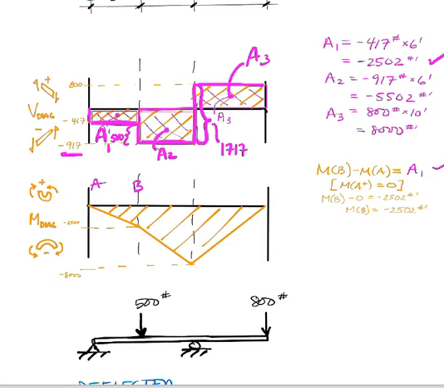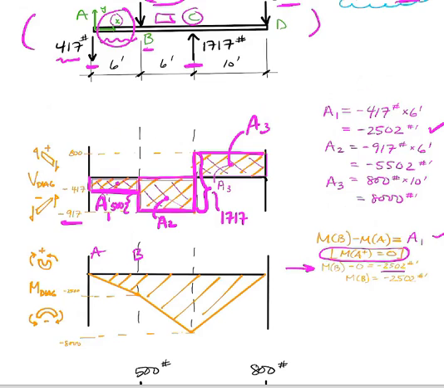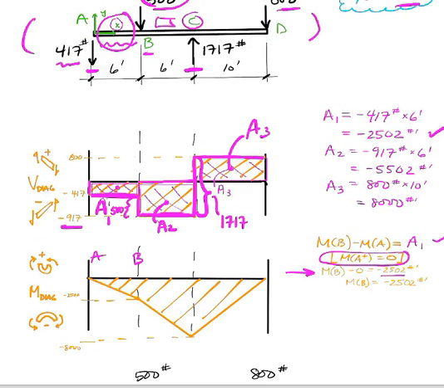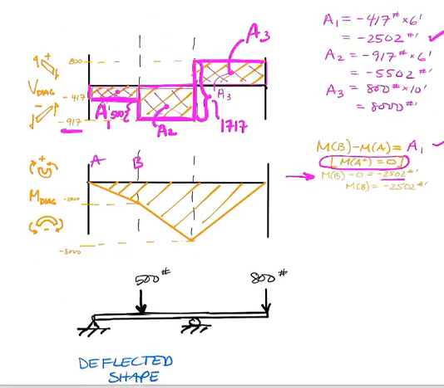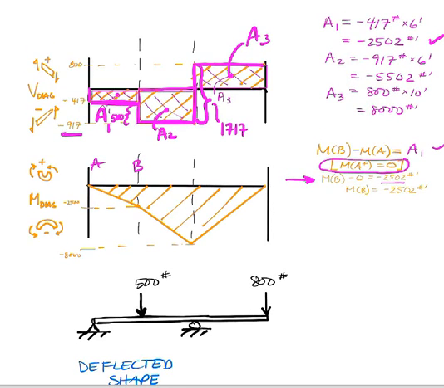So we have an equation that says that MB minus MA is equal to minus 2502. We also know that MA is equal to 0. We're going to solve for the moment at A shortly. The moment at A is equal to 0 because it's a free end and there's no applied moment, and so the moment inside the beam is going to be 0. That gives us an opportunity to solve for the moment at B.